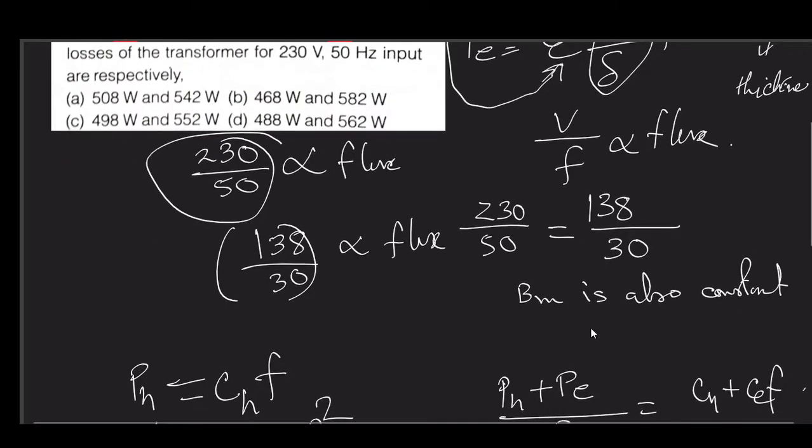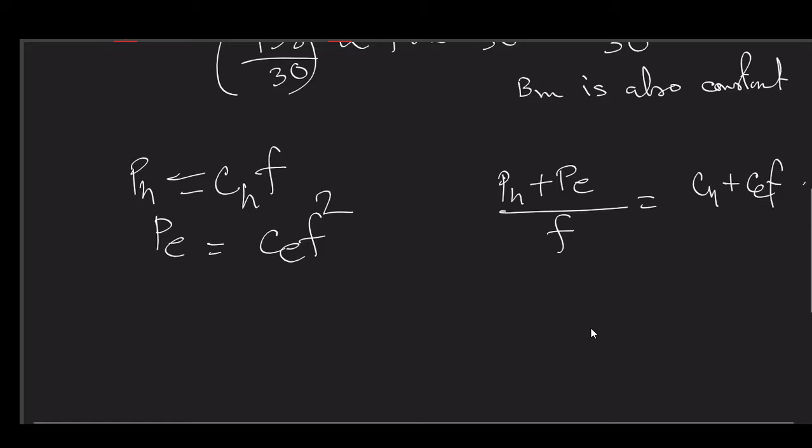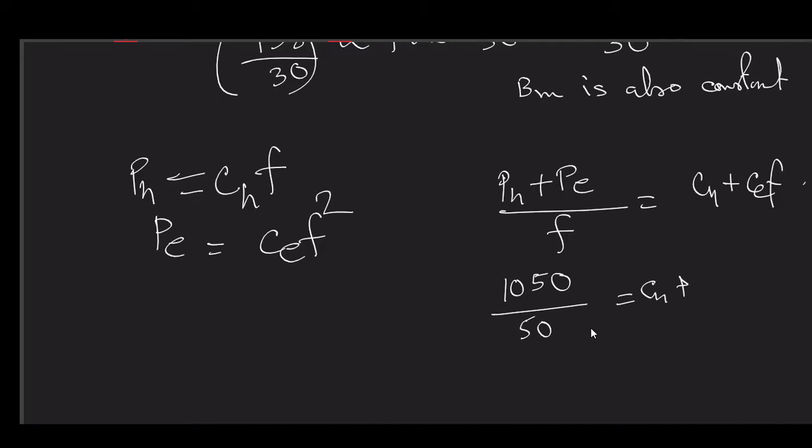So in one case it is 1050 by 50 equal to CH plus CE 50, and in the second case it is 500 by 30 equal to CH plus CE 30.